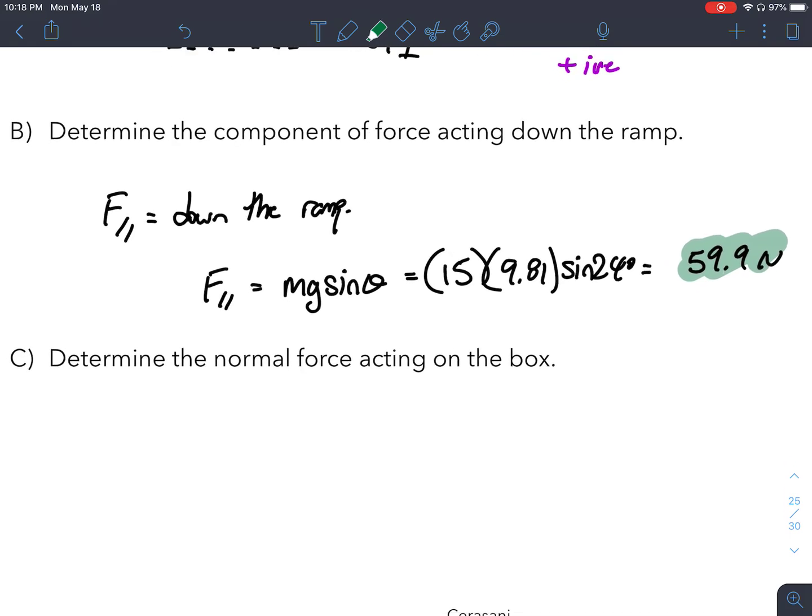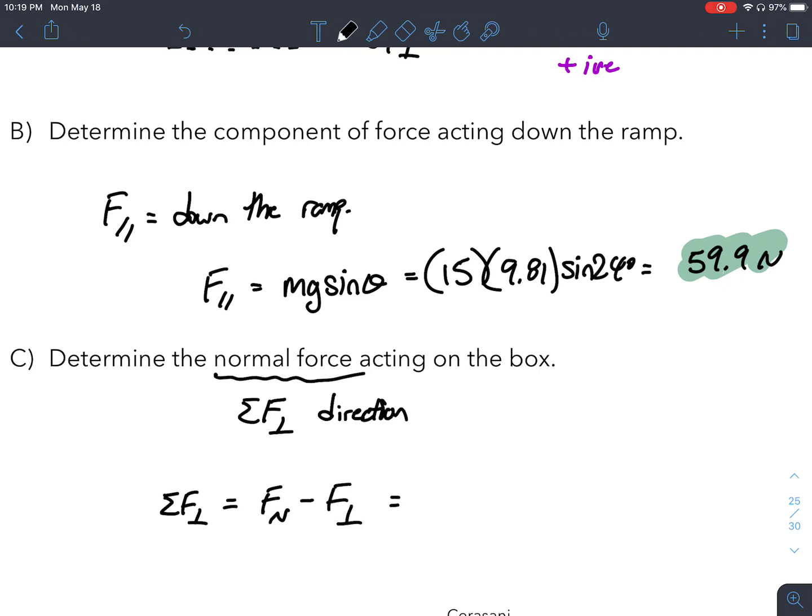If we want to figure out the normal force acting on the box, we need to look at the sum of the forces in the perpendicular direction. Just like when we wanted the normal force for regular flat questions, we need to look at the y direction. We need to look at the perpendicular direction. So the sum of the forces in the perpendicular direction, we have our normal force fighting against this perpendicular force, which is 0, which tells us that the normal force is equal to F perpendicular, which we know is mg cos theta.